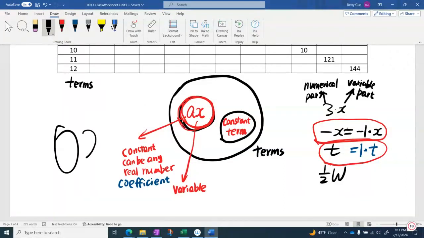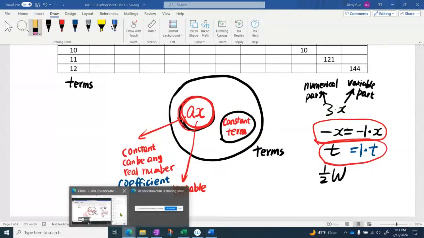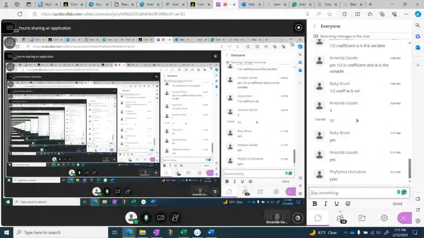Also, you can see that as a number times a variable, so it could be either one of the two subsets. Zero is a term, okay? Sometimes in chapter 5, you need to be able to identify zero as a term. Yes, very good, perfect.